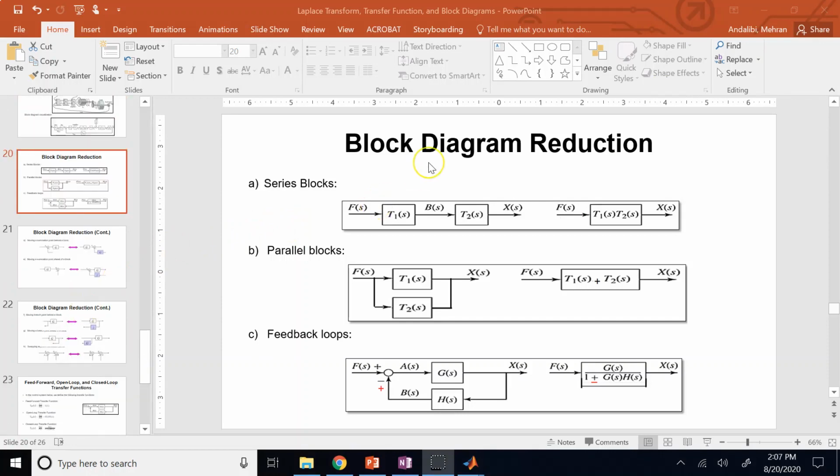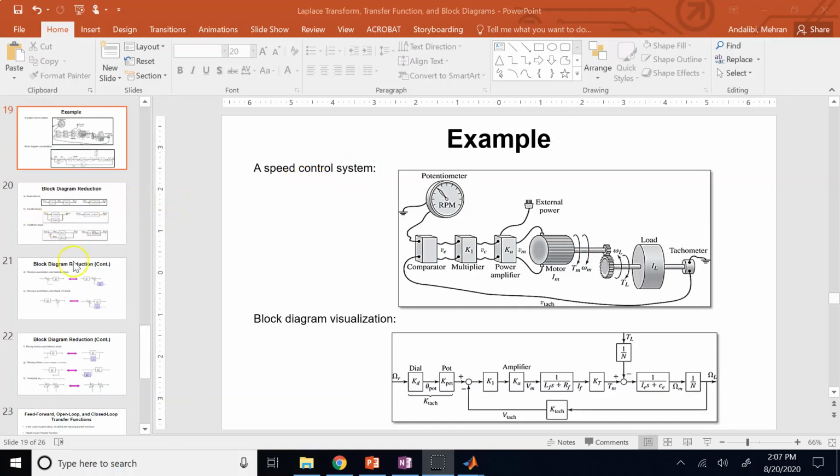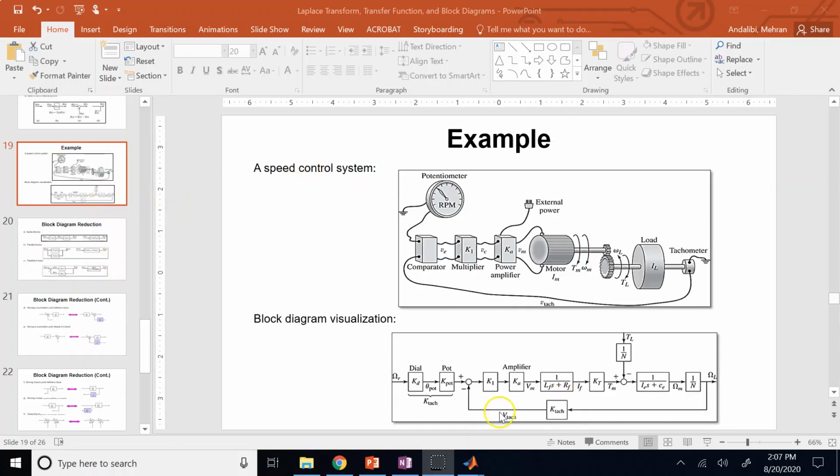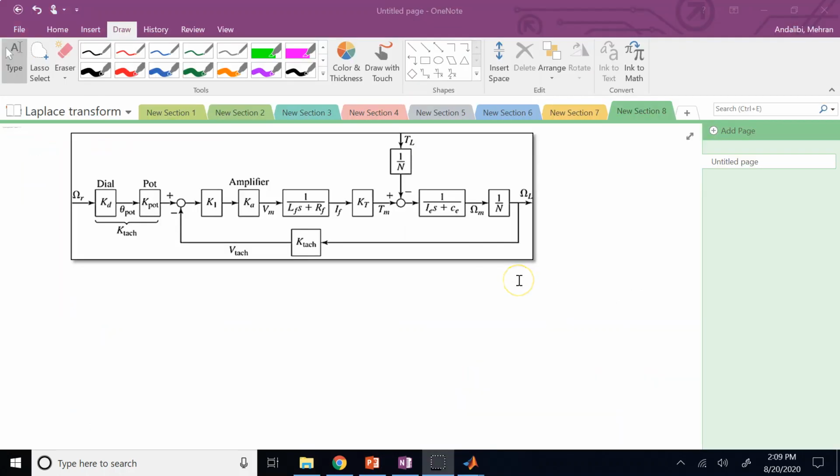Okay, so let's continue about reducing block diagrams and simplifying them and finishing this whole chapter up if we can. So how can we simplify block diagrams? If you have a big thing like this, is there any way that I can replace all of these blocks, summation points, feedback, and everything with one single transfer function, like here, that can directly relate my input to the output?